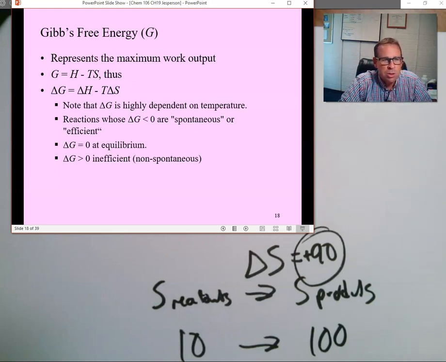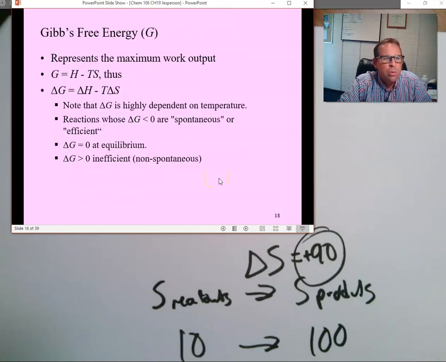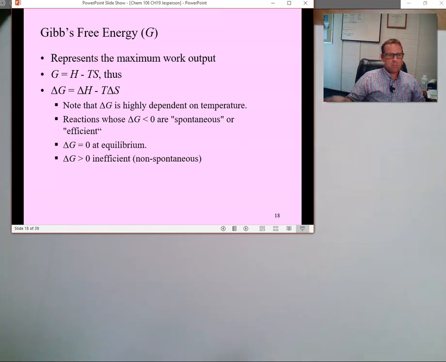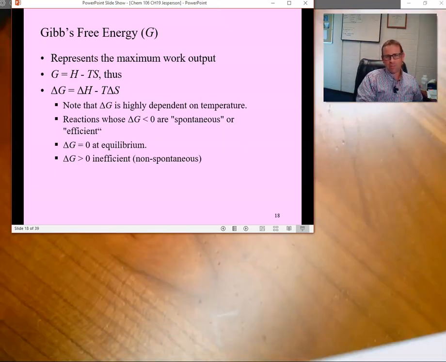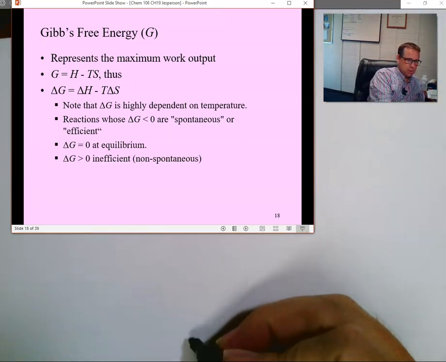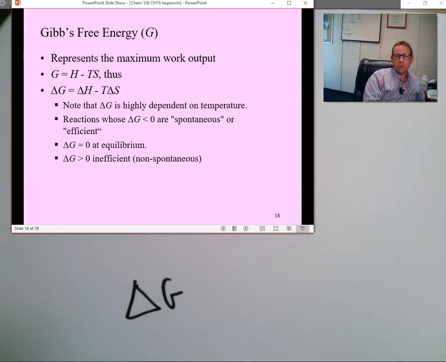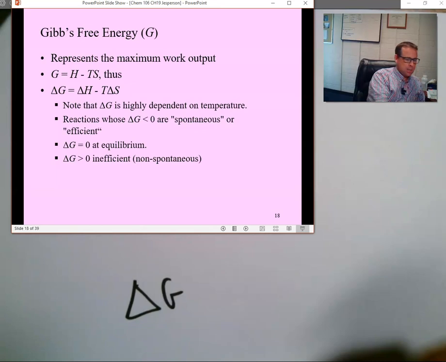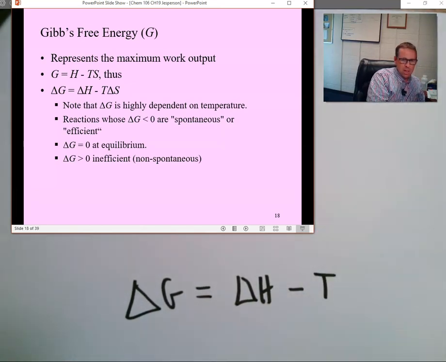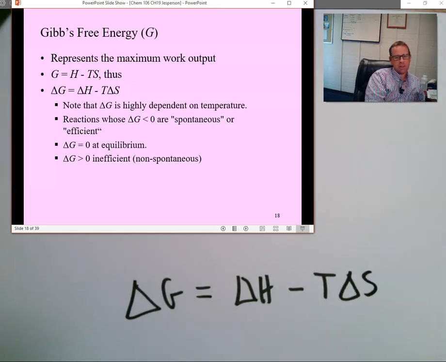Okay, which was shown in this derivation back here. Okay, so this equation becomes basically our second law of thermodynamics. Delta G, which is a thermodynamic parameter of spontaneity, is equal to delta H minus temperature in Kelvin, T delta S.